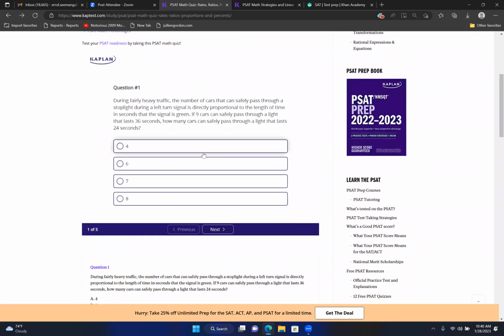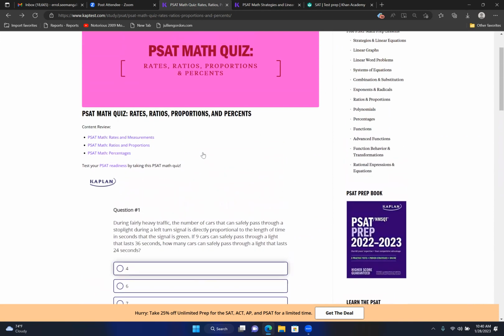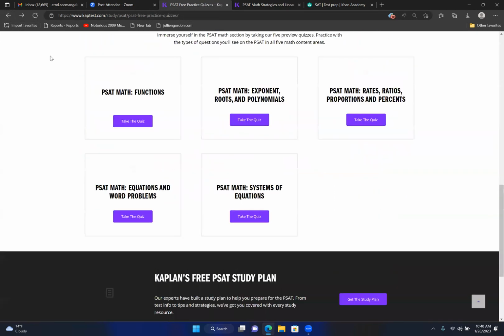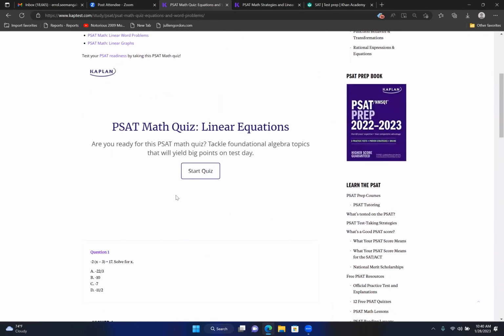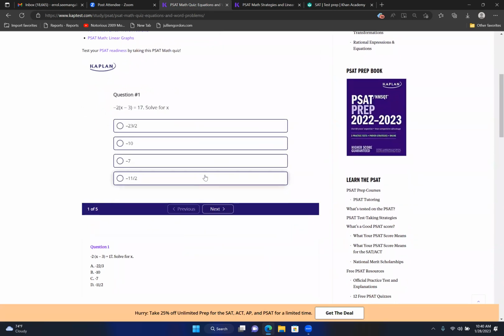All 3 topics are in that one. Okay, it's the same quiz. Let's try one of these other ones. Equations and word problems. Let's try that one. All right, solve that for x.